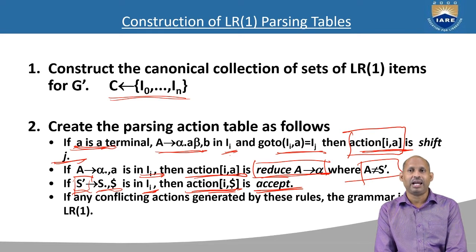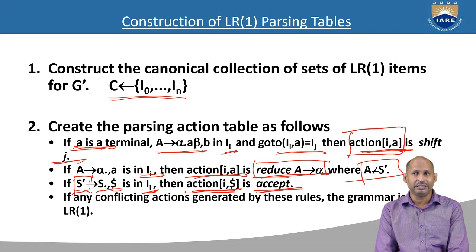Is it clear? If S dash gives S dot, dollar is in I, then action[I, dollar] is accept. If any conflicting actions are generated by these rules, the grammar is not LR(1).